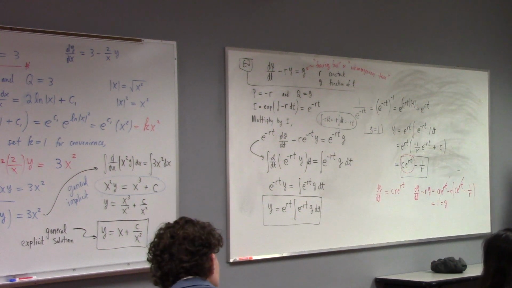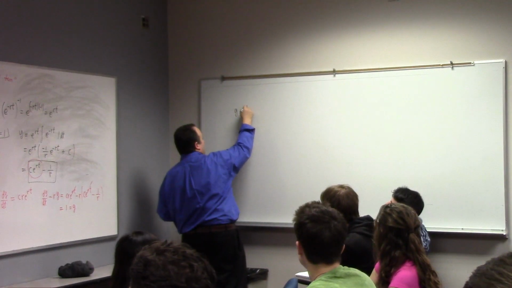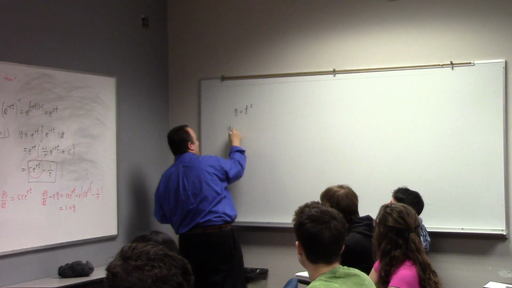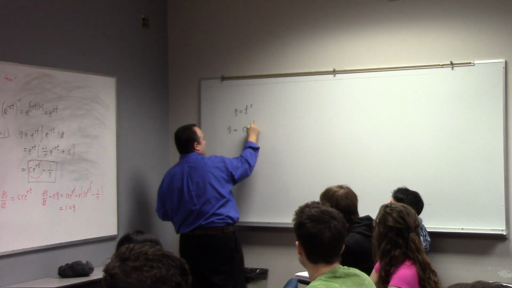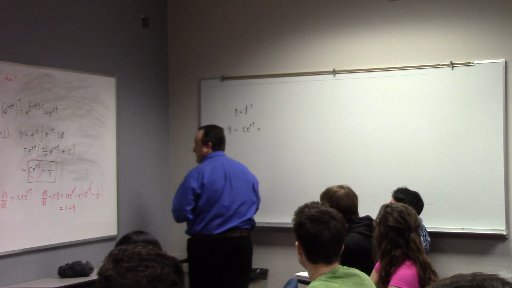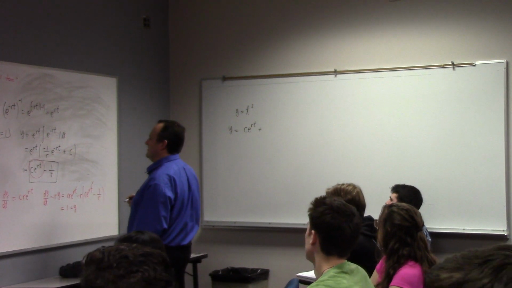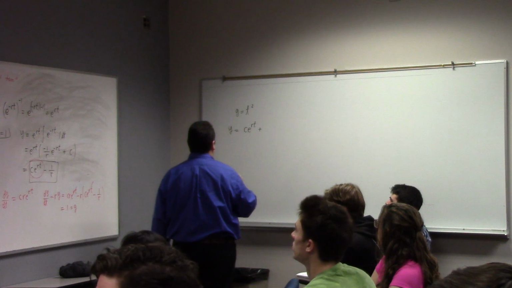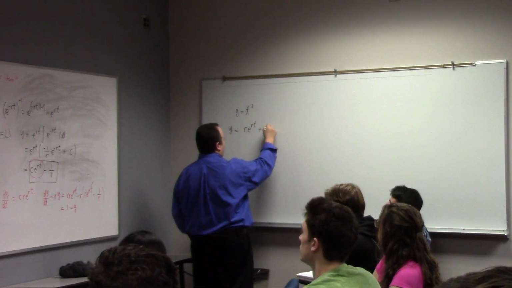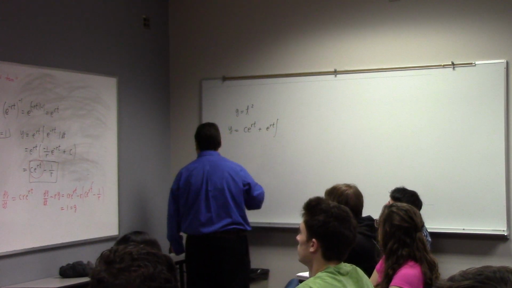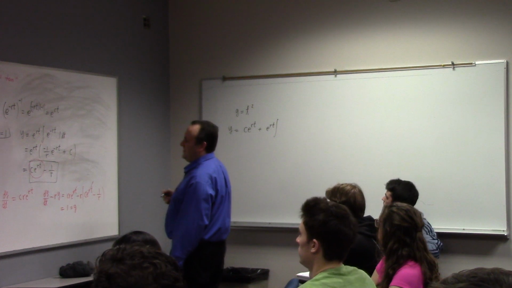If we put g equal to t squared, then we get y equals c e to the RT plus what? The integral of, oh, why did you do that to me? Monster. Integral of, oh man.